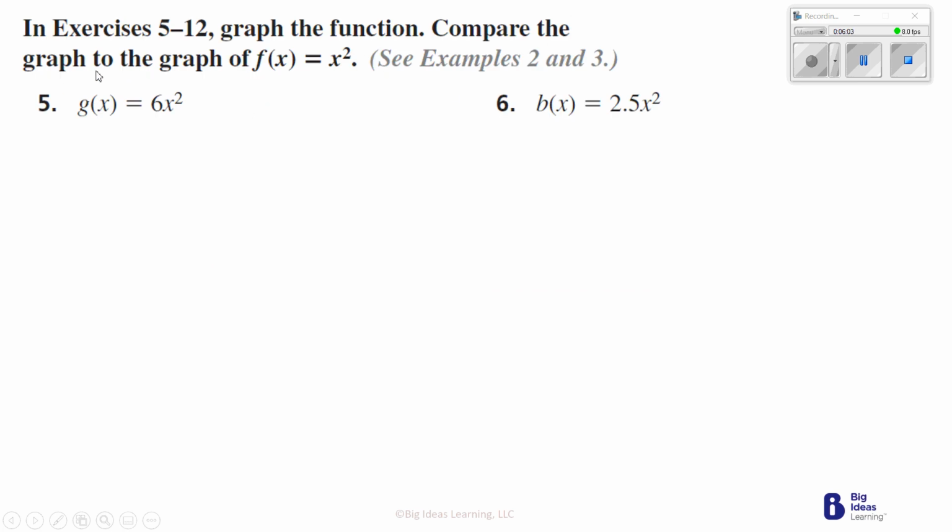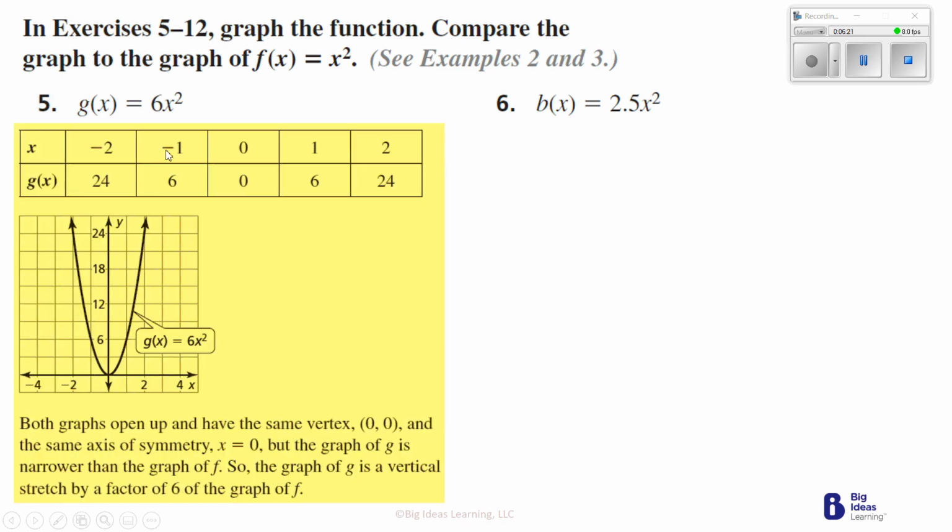Next it says compare the graph to the graph of f of x when f of x is x squared. When I do this, I have to remember the rules. If the number in front is bigger than 1, this would be a vertical stretch. Now, the book will have you plug numbers into the table like -2, -1, 0, 1, and 2.